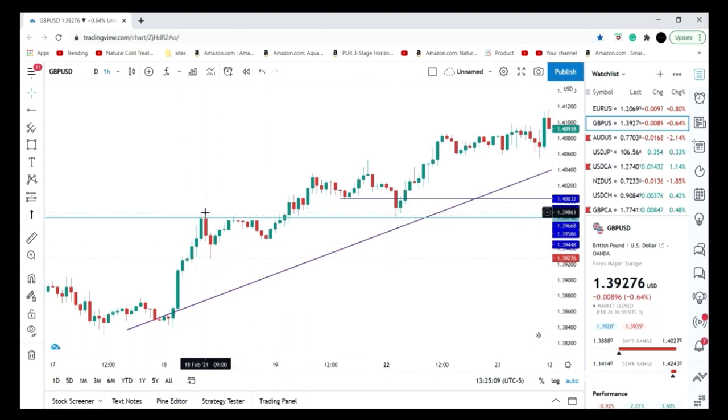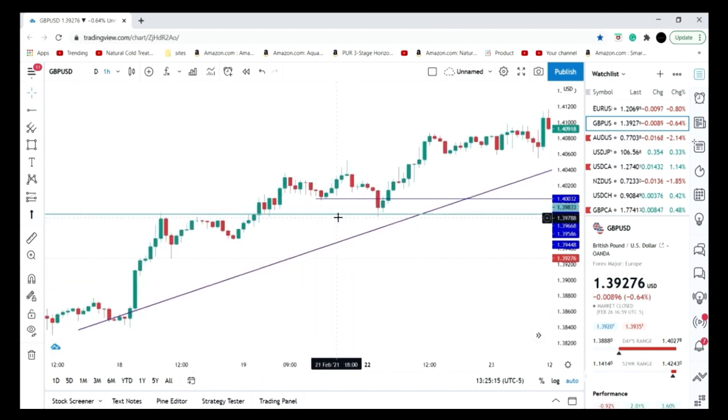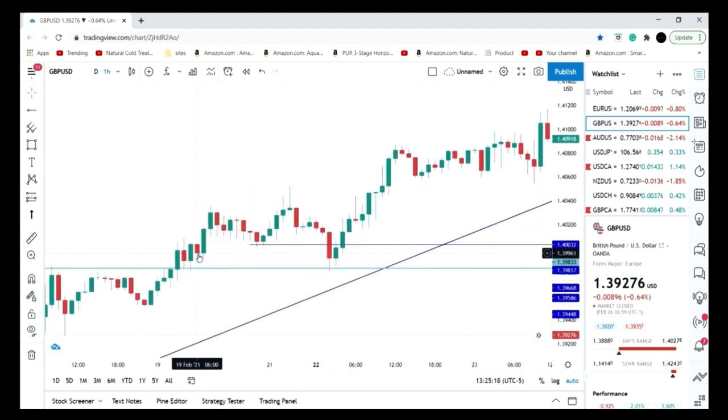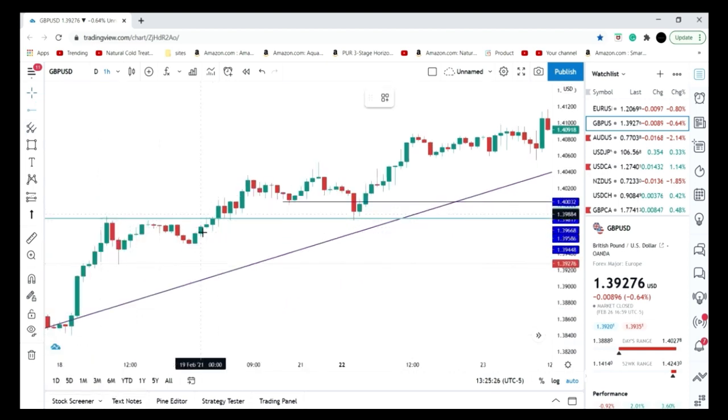So we'll definitely have this swing high right here, and that's it. I will count some of these levels, but the main level I'm looking at is this breakout level, the swing high right here.